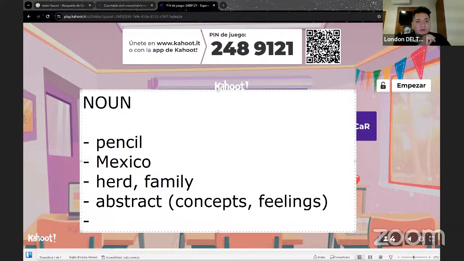There are some things that because of their nature, you cannot count them. Hay otros sustantivos que debido a su naturaleza o al ser un concepto abstracto, entonces no podemos contarlos. No puedo decir, por ejemplo, una sabiduría, dos sabidurías, no puedo decir un odio, dos odios, tres odios, right? So these kinds of things are abstract, so you cannot count them.